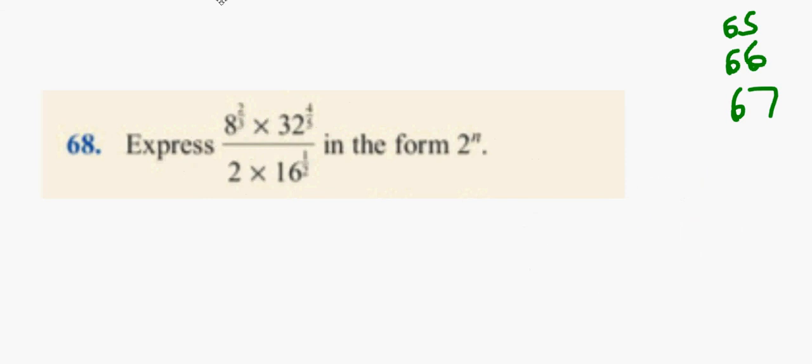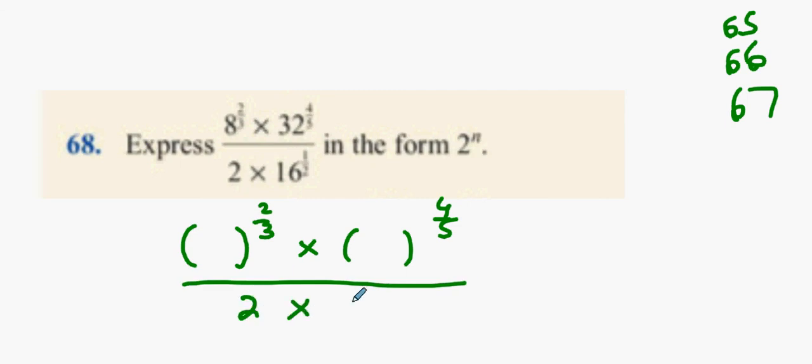Alright. Everything needs to be converted into 2s. So, I need to convert 8 and 32 into 2s. And 16 as well. So, what goes in here? 2 to the power 3 in here. And in here. What's 3 times 2/3? 2 to the power 2.